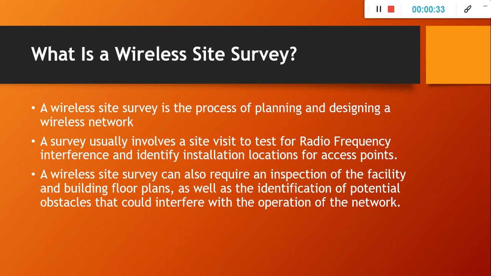A survey usually involves a site visit, testing the radio frequency interference, and identification of the installation, such as the wireless access point placement location. A wireless site survey can also require an inspection of the facility and building floor plans, as well as identification of potential obstacles that could interfere with the operation of the network.